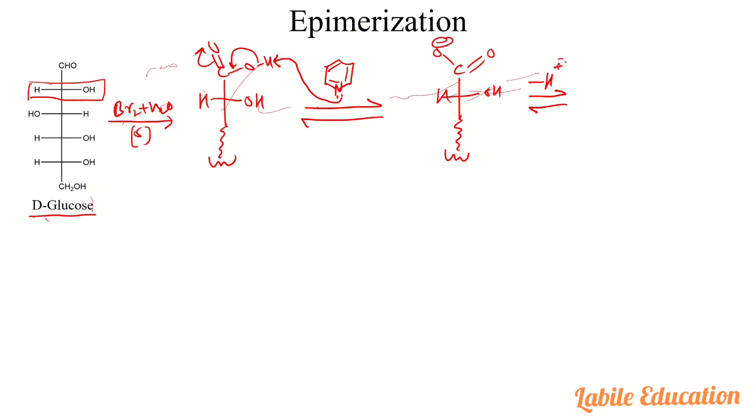So here this can also be removed, and we will get this carbanion. Here the rest of the molecule we can draw like this. And now this carbanion will be resonance stabilized.